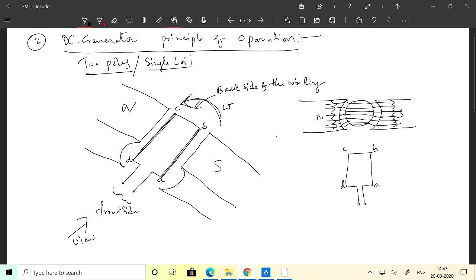Right? Now due to this rotation, the coil is cutting the flux lines, and EMF is induced in the coil according to Faraday's electromagnetic induction principle.